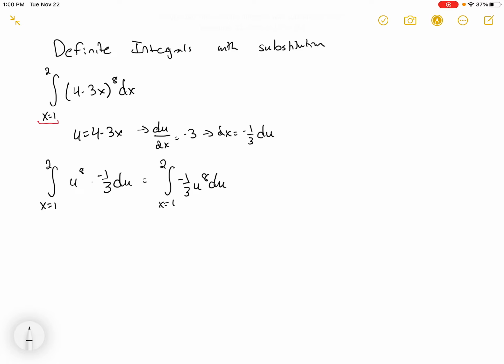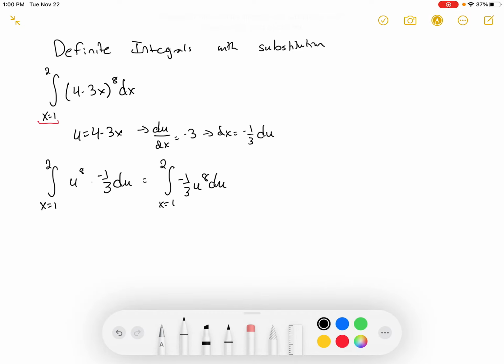Now we have two options: I could either evaluate this integral and then go back to x world and keep my limits the same, or I could make a substitution. We're going to do both, but let's first do it with a substitution. This limit here is for x equals 1. If x equals 1, we need to figure out what u is.